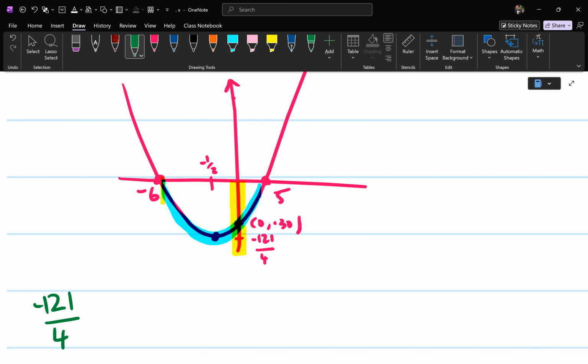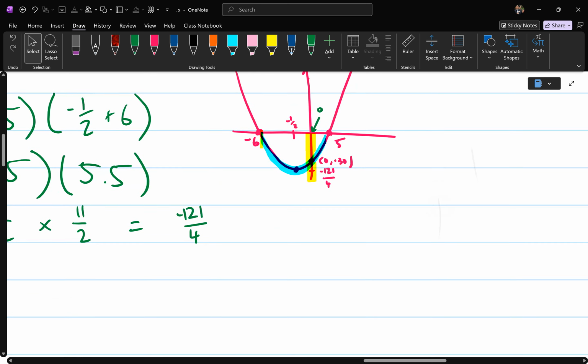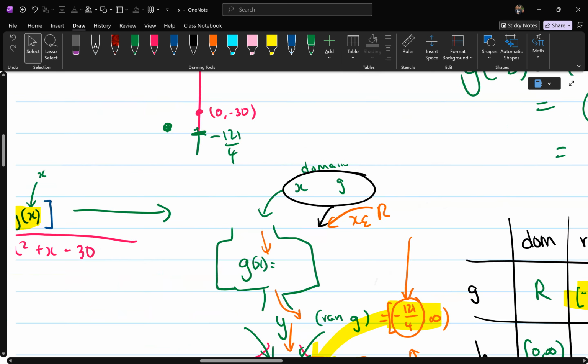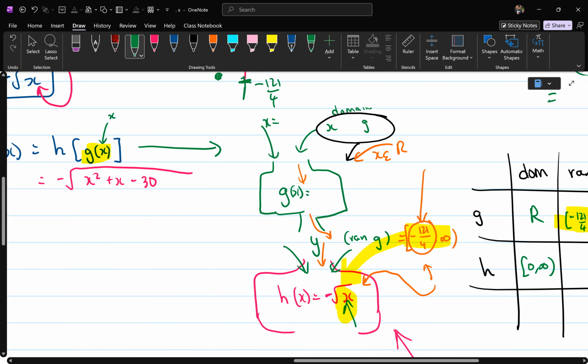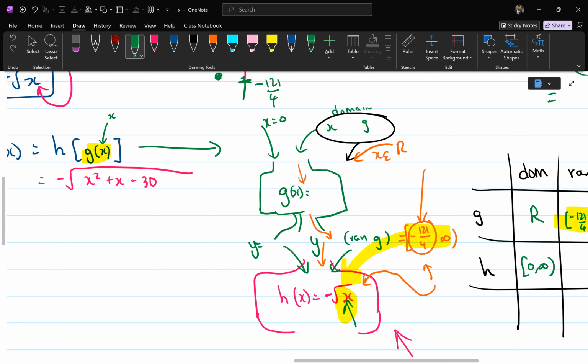If you're confused, what I'm saying is, even if you sub 0 in, so let's think about the machine again. If you put in x equals 0, we already knew that the y-intercept, the y value, is negative 30. But you can't sub negative 30 into h of x, because then h of negative 30 becomes negative root of negative 30.